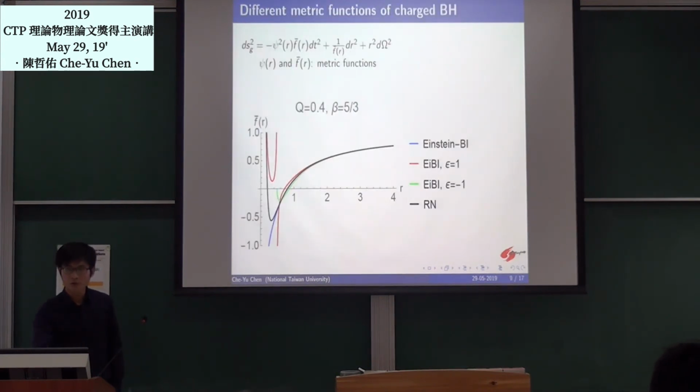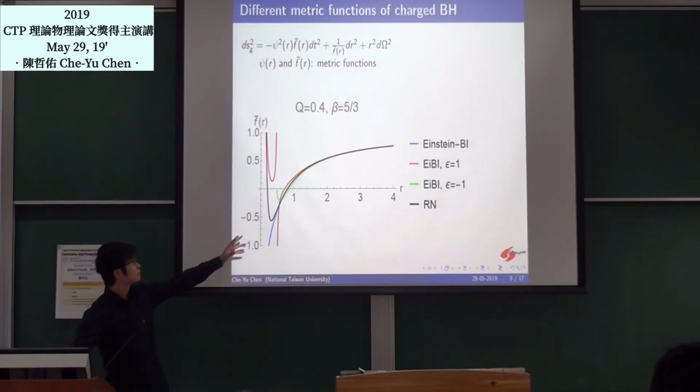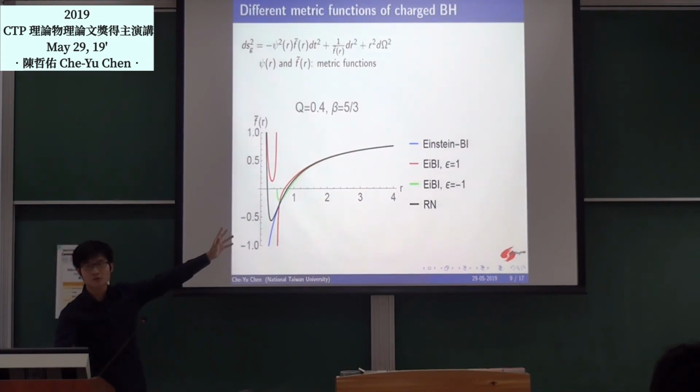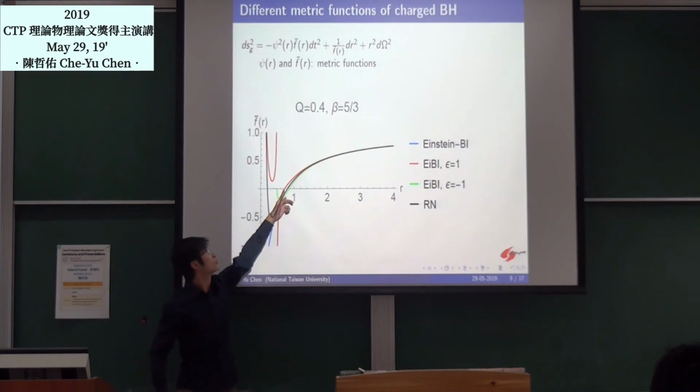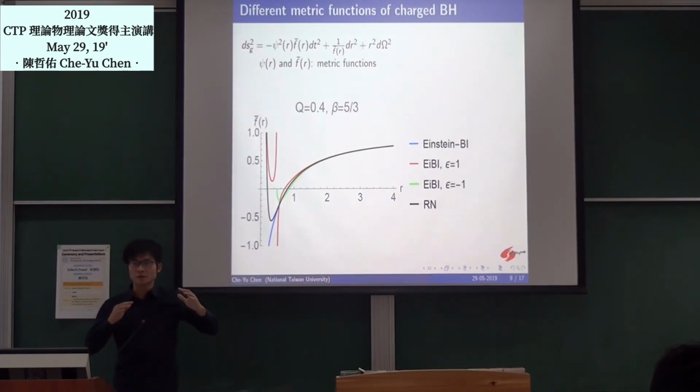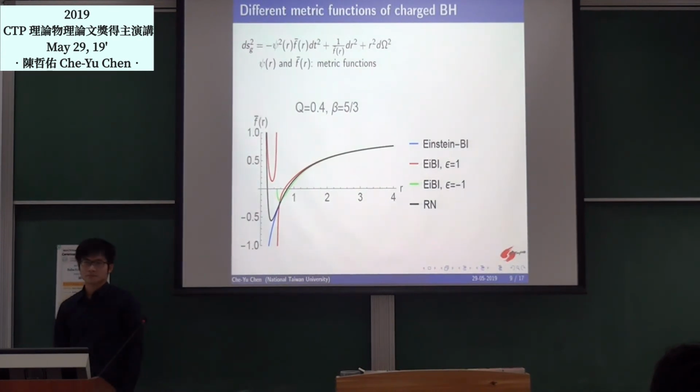You can see in this figure, even though we only consider the exterior of the black hole, the metric function has a small deviation from the GR counterpart. For example, the position of the event horizon is changed. This also changes the shape of the potential. That's why we can have a different spectrum, different quasinormal frequencies. So it can be tested, in principle, yes, but the deviation is not that huge. Any other questions?